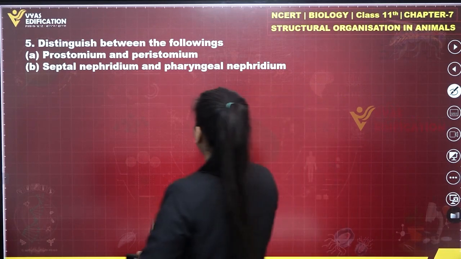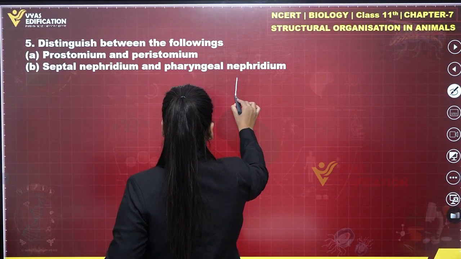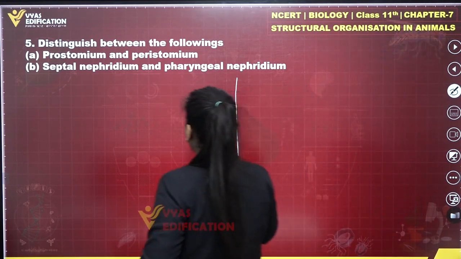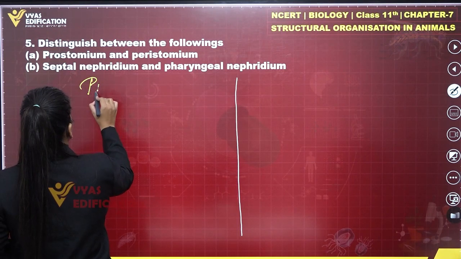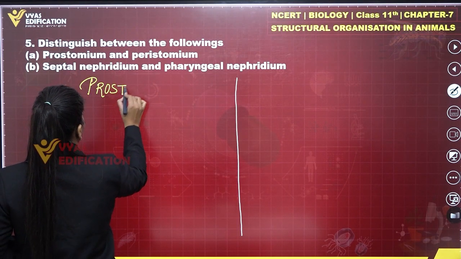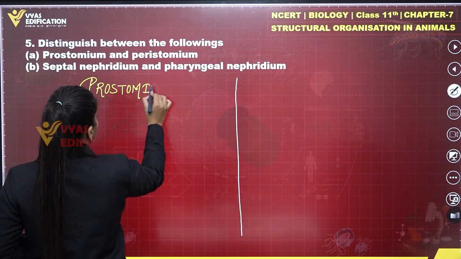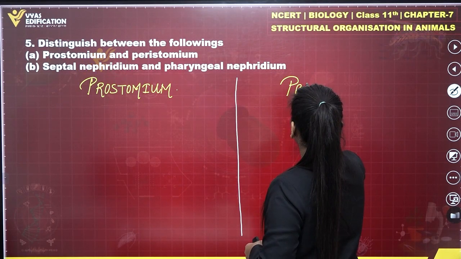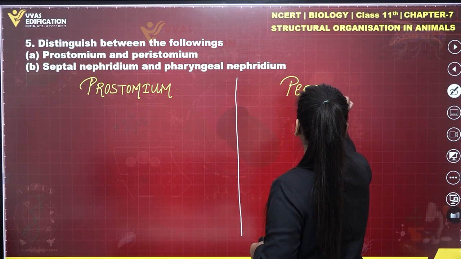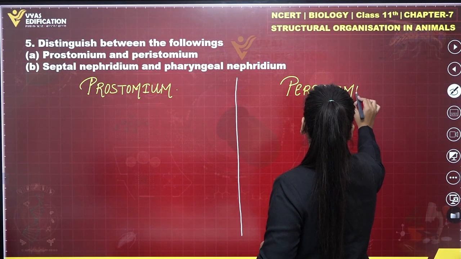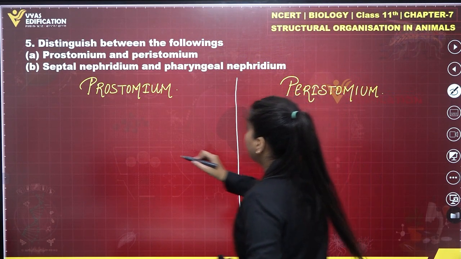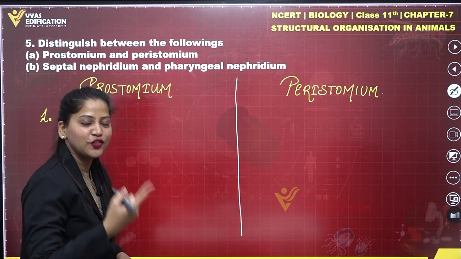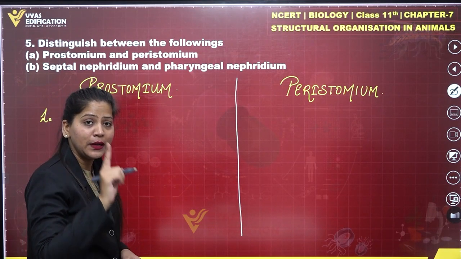So we have to make columns for prostomium and peristomium. In the left column we will write about prostomium, and in the right column we are going to write about peristomium. Now, we know that prostomium is a fleshy lobe which overhangs the mouth of an earthworm.